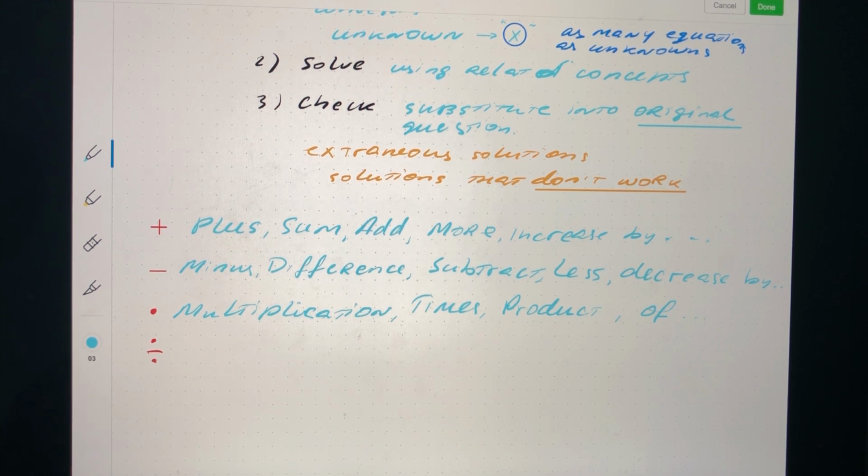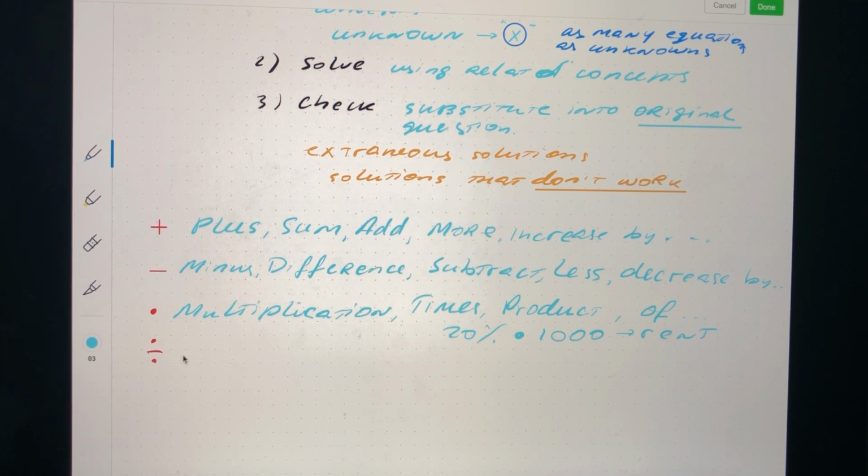So for instance, if I make $1,000, then 20% of my $1,000 is rent. And that's what of oftentimes represents, a multiplication by something else.